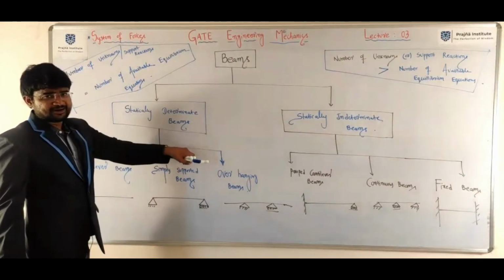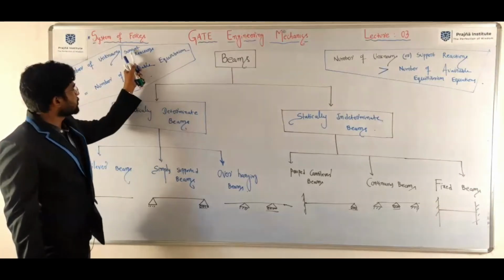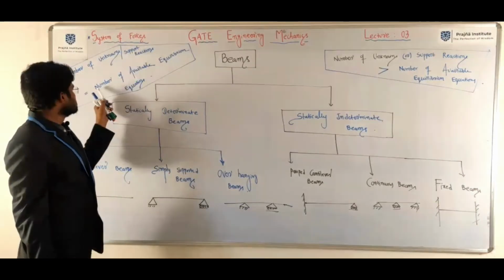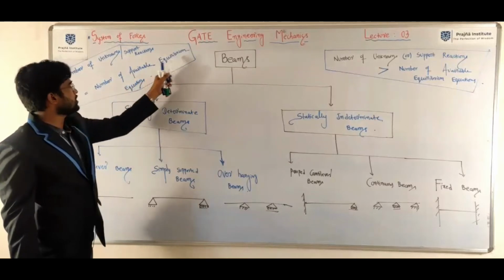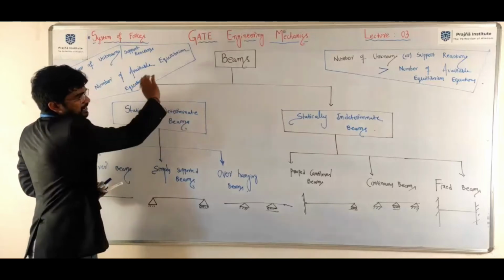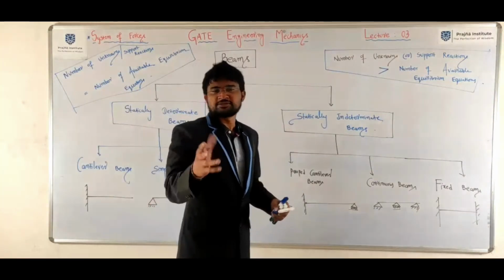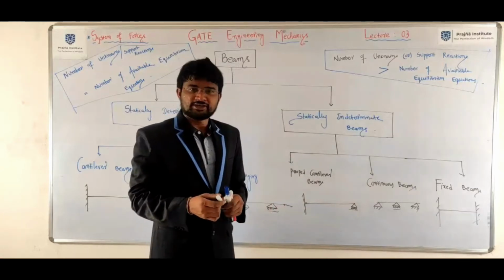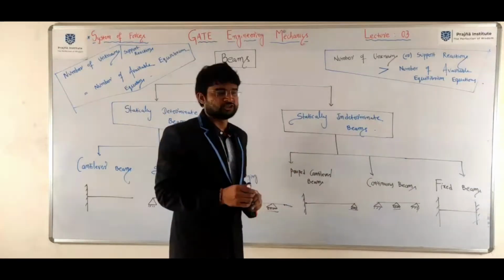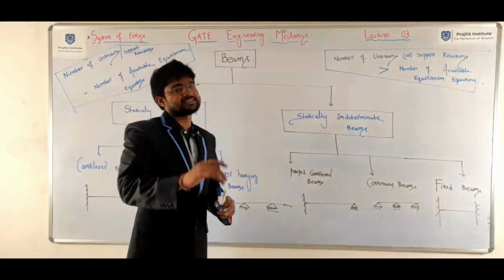Statically determinate means we can determine all support reactions by the available equilibrium equations. Everything is static, sir. Beams mean statics only. Beams can't dance, right? It should be in a stationary position. So the complete thing comes under the statics part.